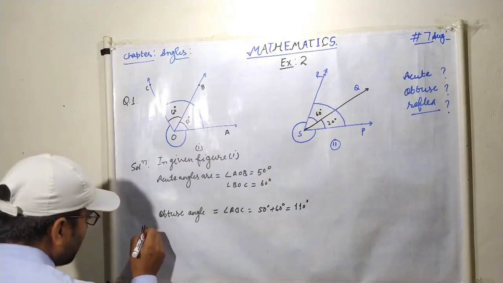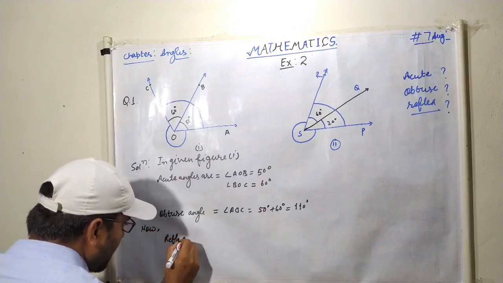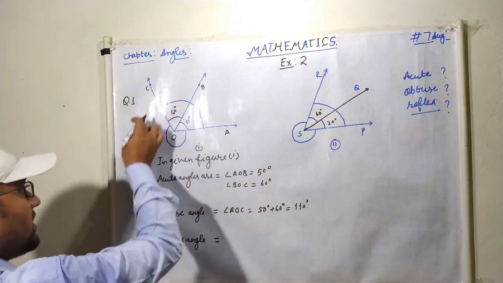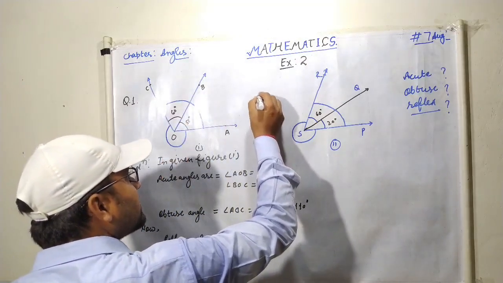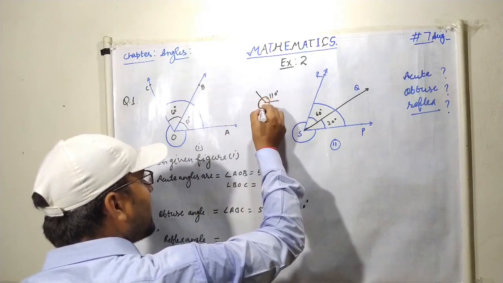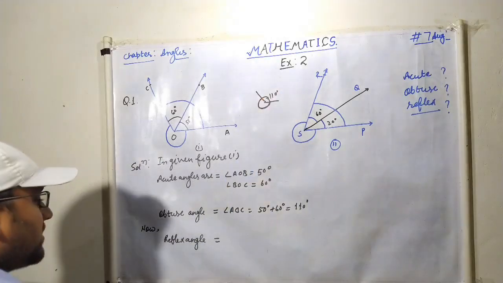Now what about the reflex angle? Now, reflex angle: the total around a point forms 360. This angle you know is 110. So what about this angle? From 360 you will subtract this 110, you will get the reflex angle.